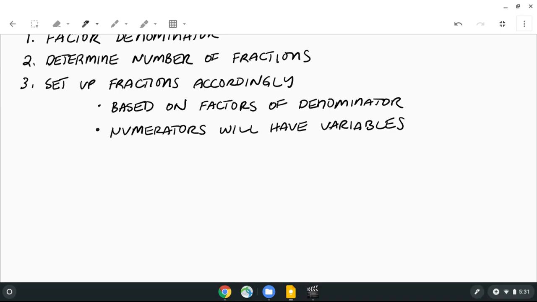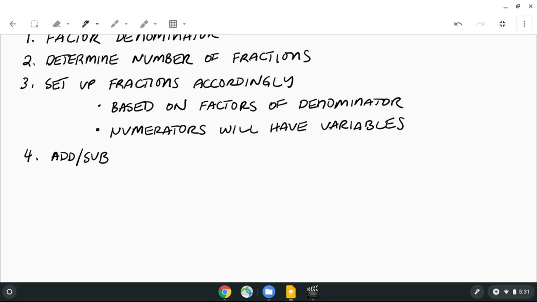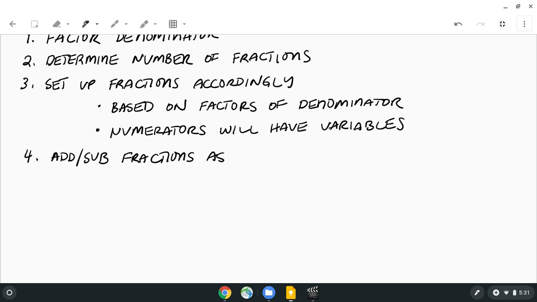All right. Once you set up your fractions, the way you go about solving for these variables in the numerator is first you add and subtract your fractions as usual. Get the common denominator, multiply, and then add like terms.